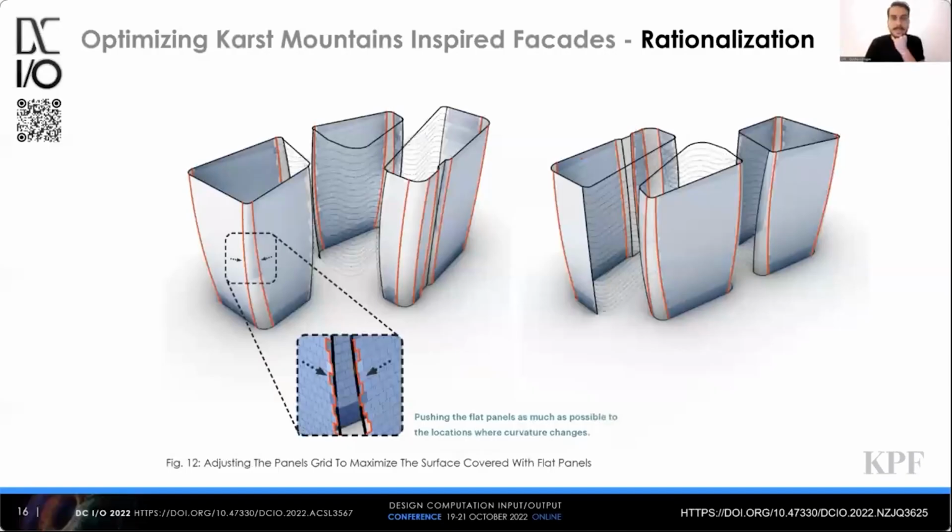So the first method that we came up with for wall type 1 was to increase the flat panels and the single curvature panels as much as we can. The length was not really an issue, apparently, and we were pushing the flat panels as much as we can to where the curvature starts or ends, which reduced the amount of complexity that we were getting on those corners slightly.